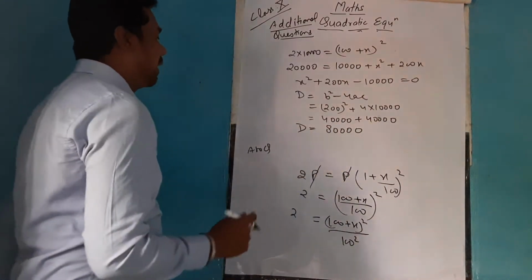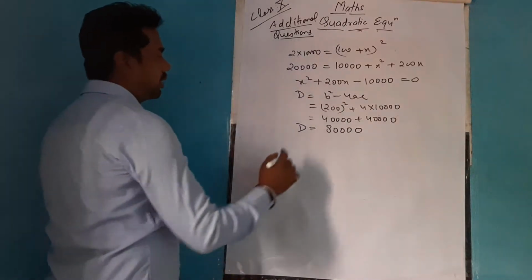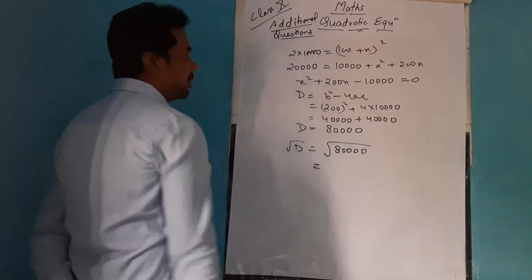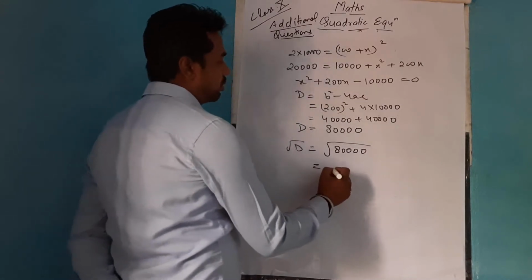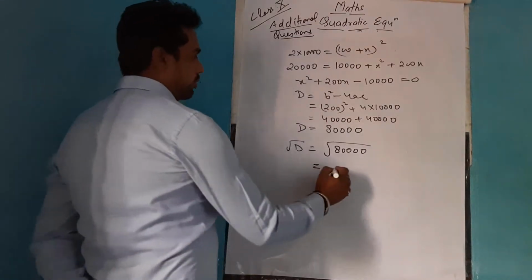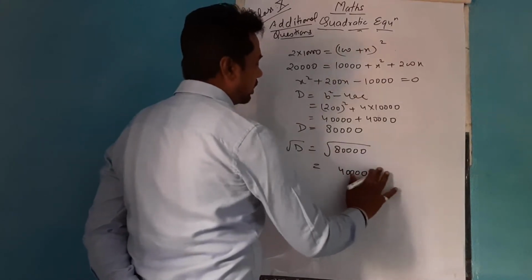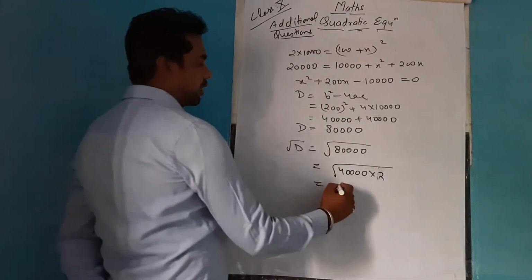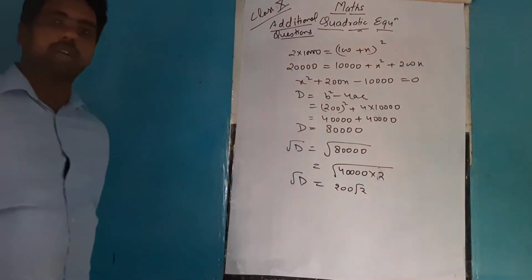That's the value of D. Now the value of under root D will be under root of 80,000, which could also be written as 40,000 into 2, and the square root of 40,000 is 200. So the value of root D is 200 root 2.